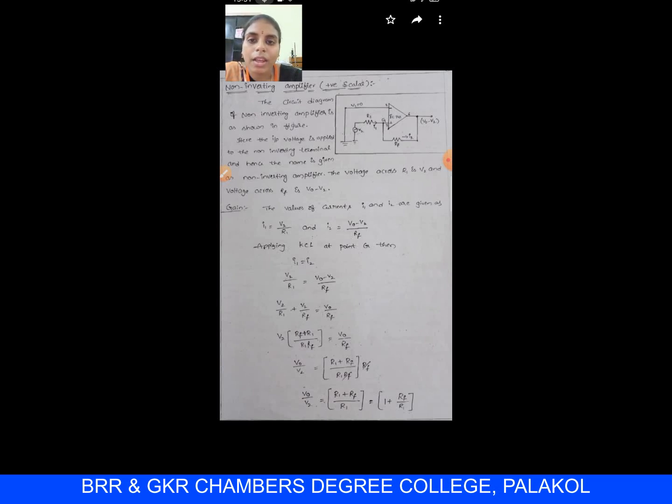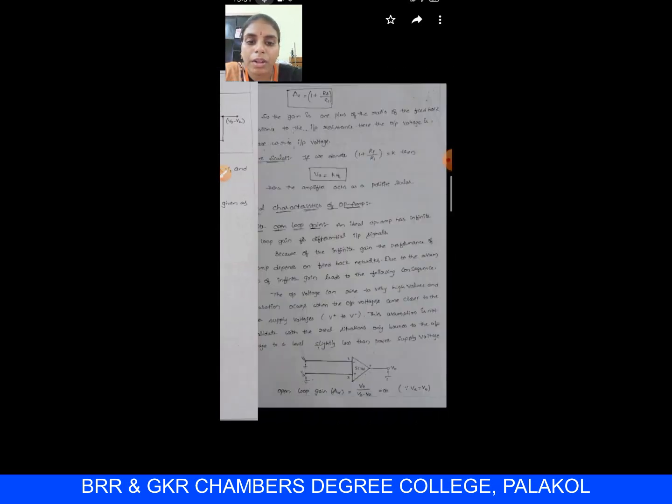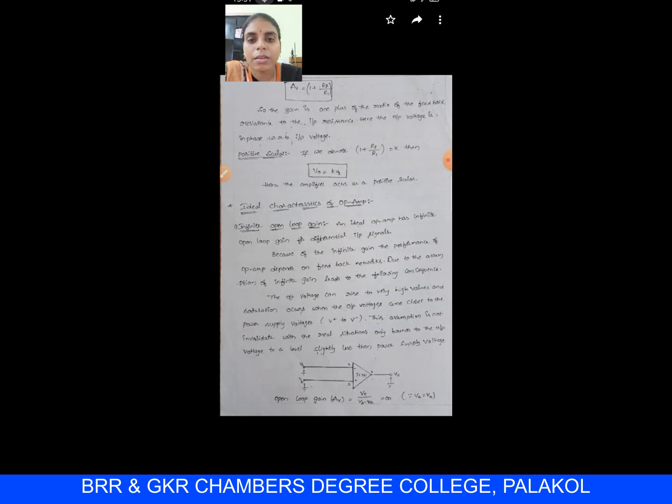The gain is the ratio of output voltage to input voltage, so V0 by V2 is equal to R1 plus RF by R1. Now simplifying, we get 1 plus RF by R1. Then the gain is represented as 1 plus RF by R1.